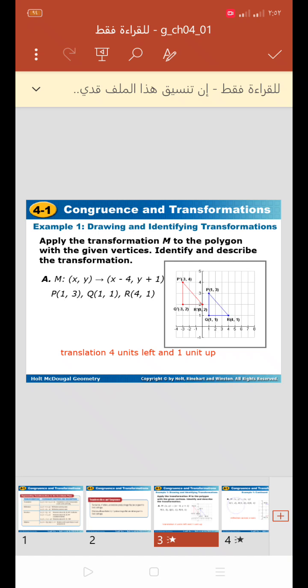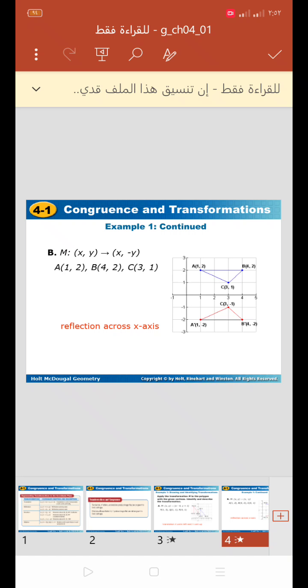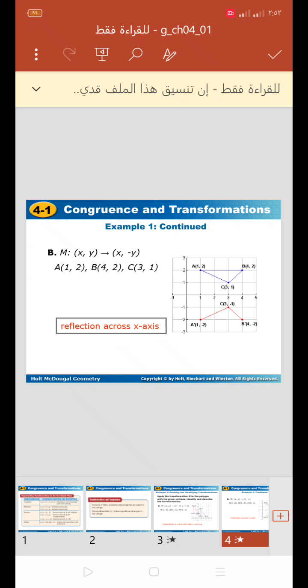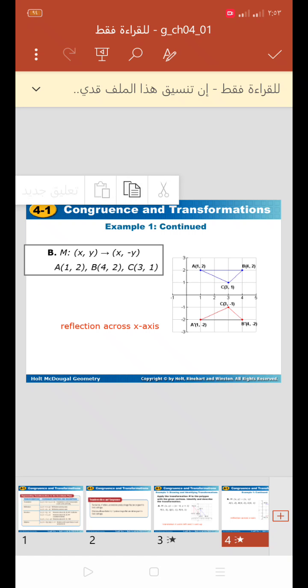Okay, another example. Here the rule is (x, y) becomes (x, negative y). What is this rule for? Remember, this is reflection across the x-axis. So for any point I change the sign for y: positive becomes negative, negative becomes positive. (1, 2) becomes (1, negative 2).